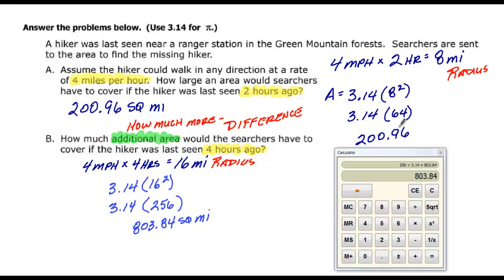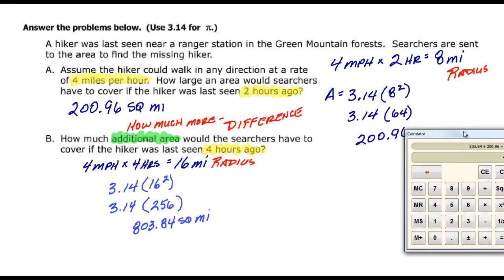In fact, just a little check, 803 divided by 200.96, it's 4 times as much, because this 256 is 4 times as much as the 64. So it's what happens after you square it that counts.